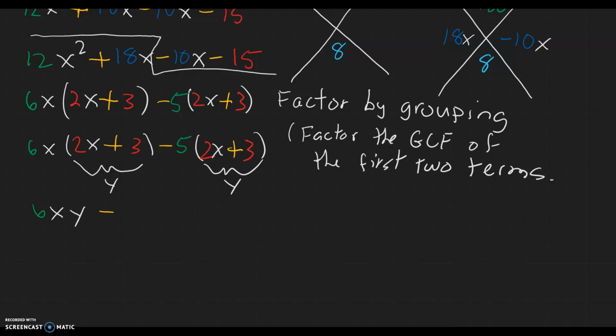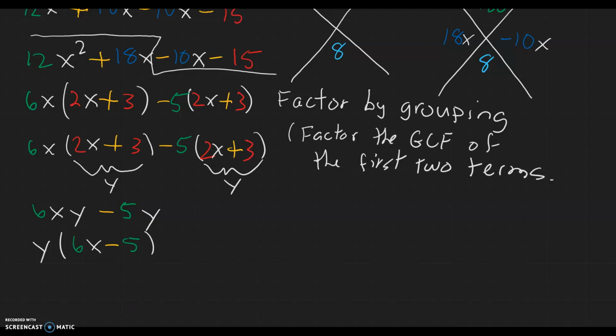And now if we say, okay, factor out the GCF out of these two, you would say, oh, that's easy. I'm just going to factor out the y. So if we factor out the y, we end up with 6x minus 5.